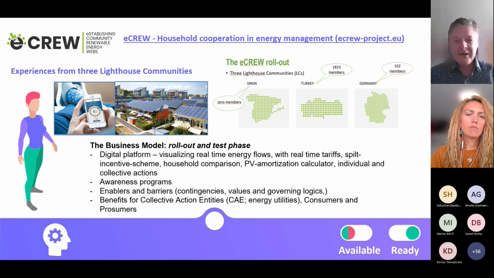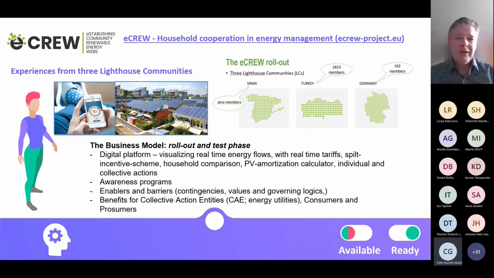And this is actually a very good enabler for Andrea as well to actually join an energy community in this case. And again, yes, for this we need awareness programs. That's what we do currently in all Lighthouse communities, to share this information and to show the enablers and the barriers.